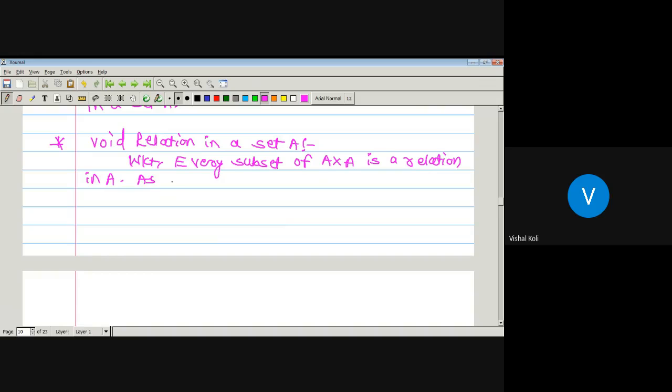Whatever the set may be, phi is always a subset of it. As A cross A is a set, phi must be a subset of A cross A. Therefore, phi is also a relation in A.